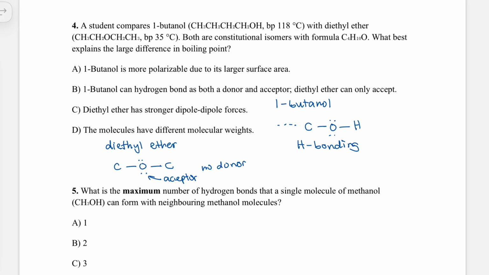So because we don't have a donor, it can't create hydrogen bonds between molecules, which means that 1-butanol is going to have stronger IMFs, and this results in it having a much higher boiling point. So this is option B.